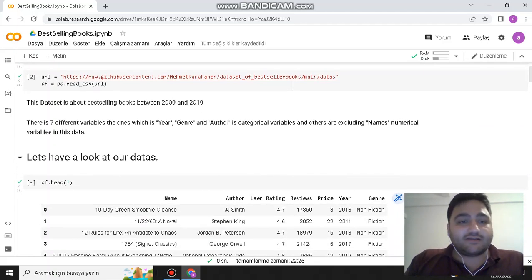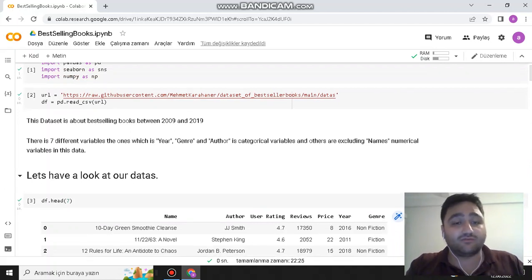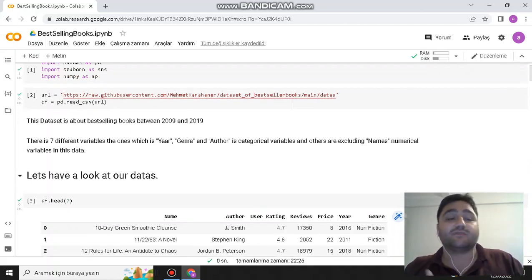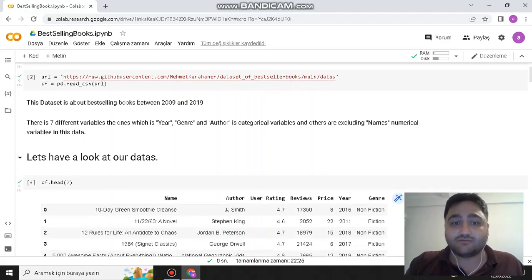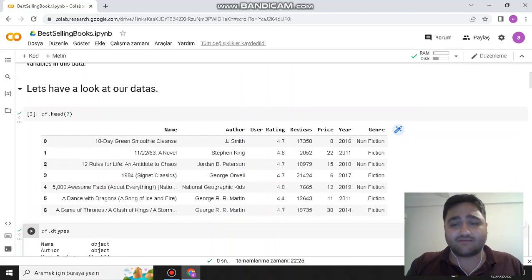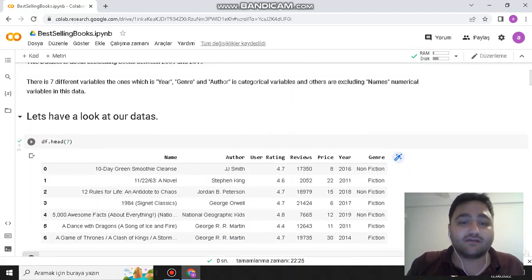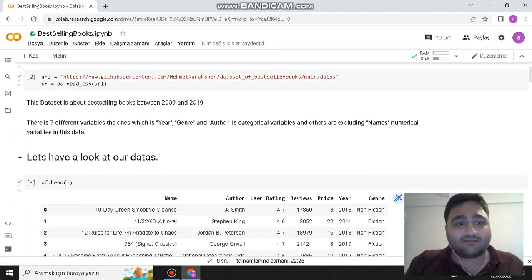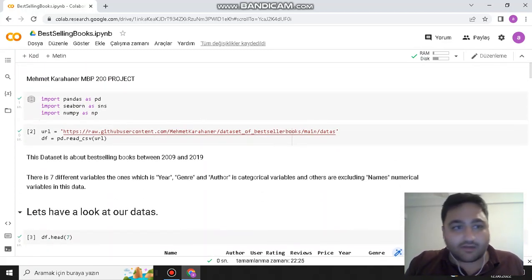Anyway, my data is about best-selling books between 2009 and 2019 in Amazon. So there's 7 different variables, not much, but yeah. Like I said, it's easier than normal. So as you can see, we are importing some of the libraries.